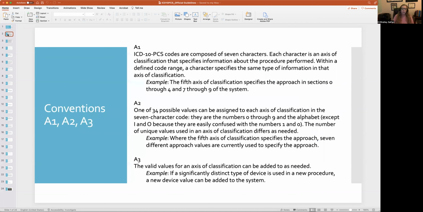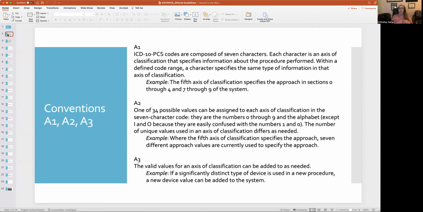All right. The first set of guidelines in this section are known as the conventions. And these basically are the absolute rules for everything. They're not chapter specific. They are not procedure specific.